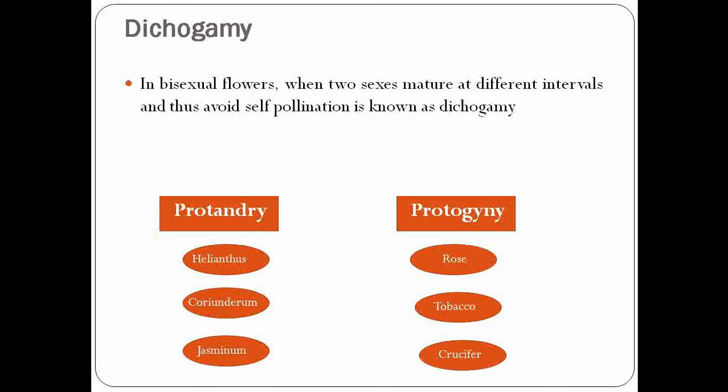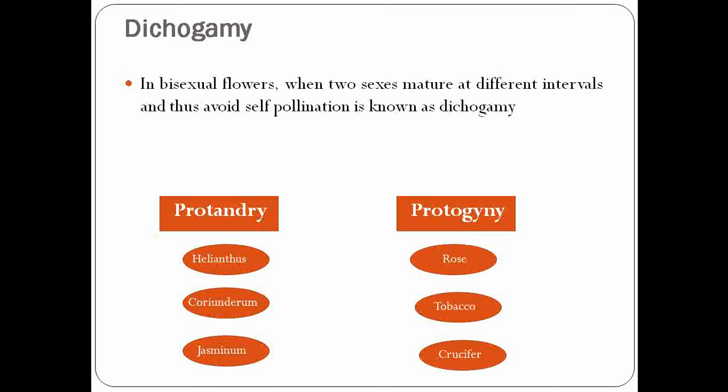But dichogamy means there is a difference in the maturity period of the androecium and gynoecium, or you can say the pollen grains and stigma. This we call dichogamy. So this is the second most important condition to achieve cross pollination.